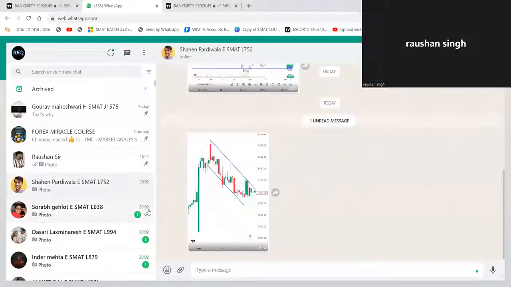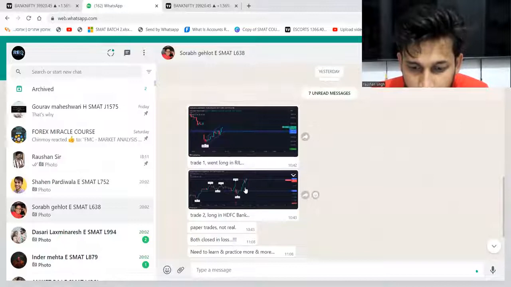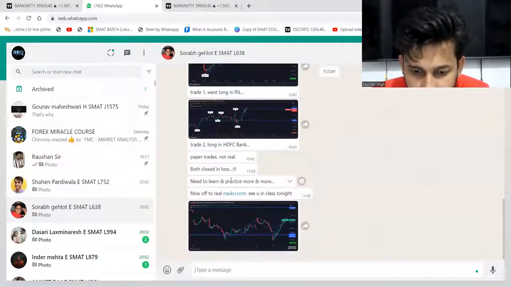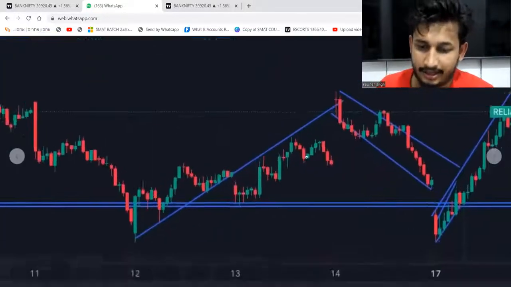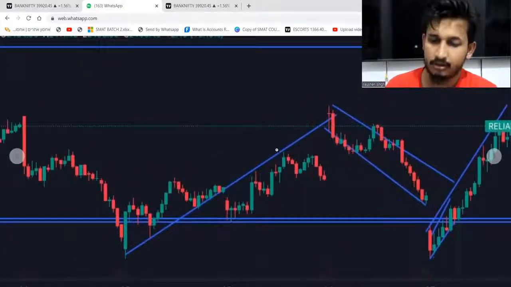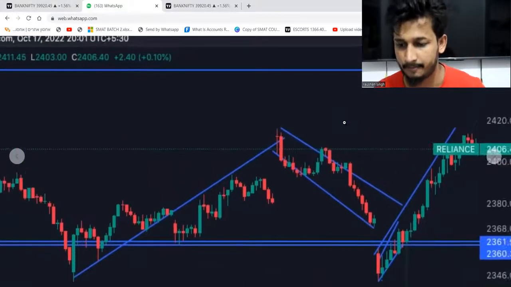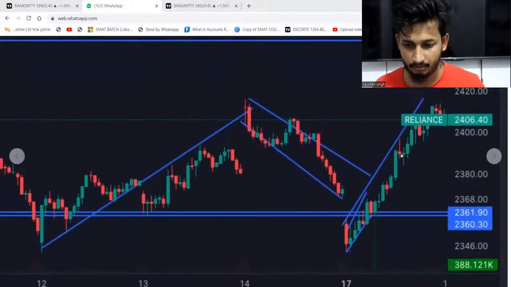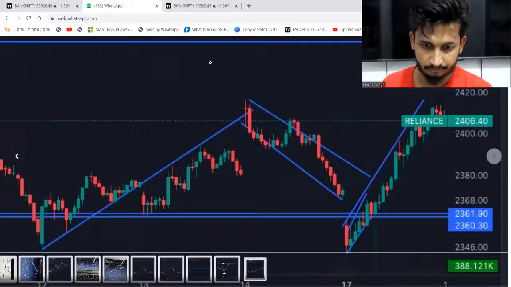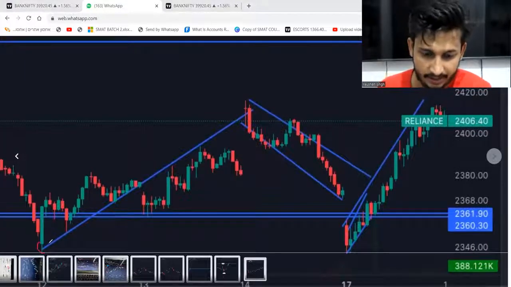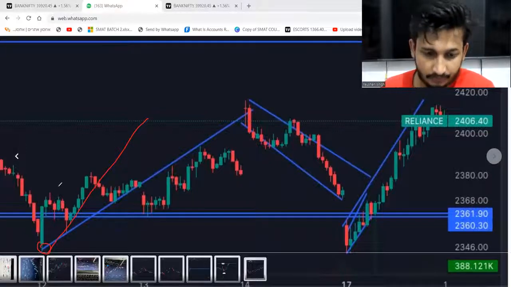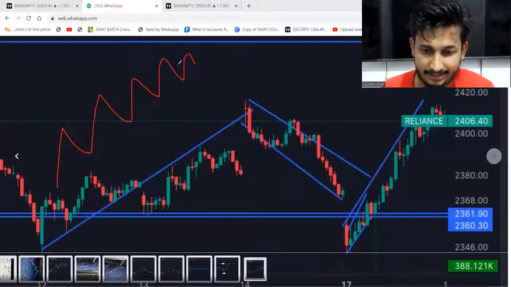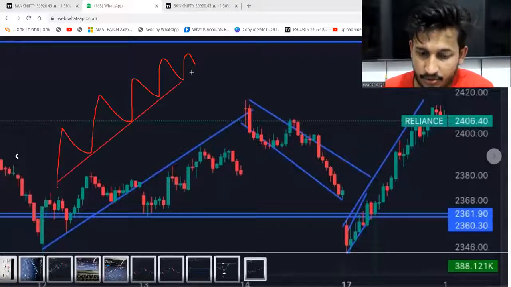Sahin, correct. Saurabh, correct. One thing, try to understand: when we are drawing these trend lines, we cannot stretch them anywhere. If the market is moving like this, we have to try to touch the lows of the candle.